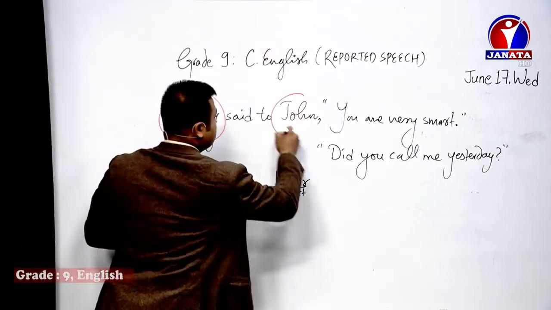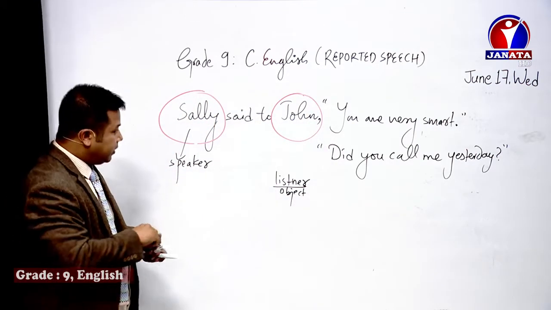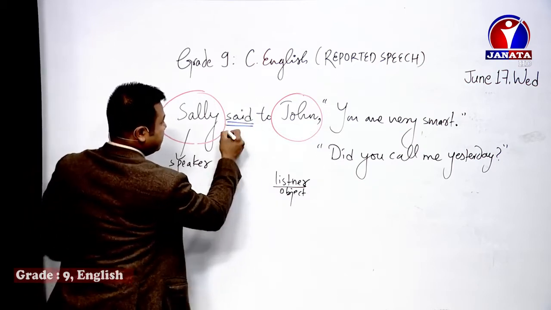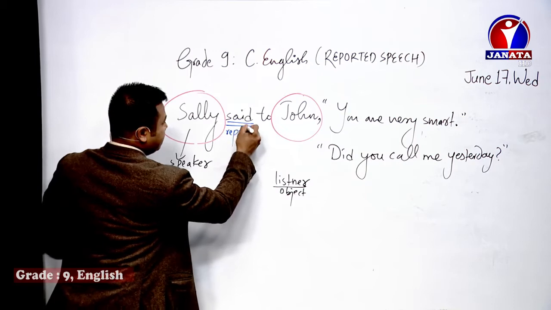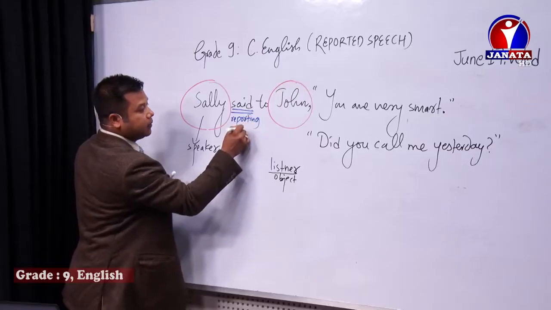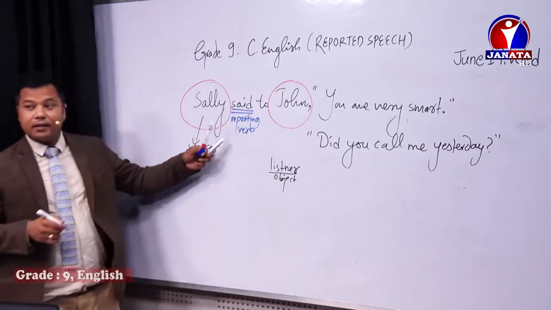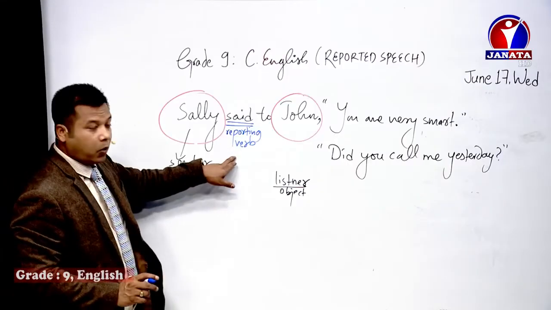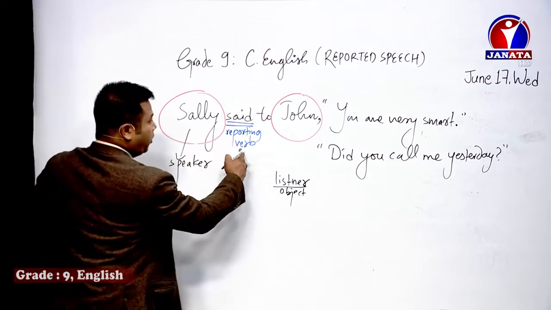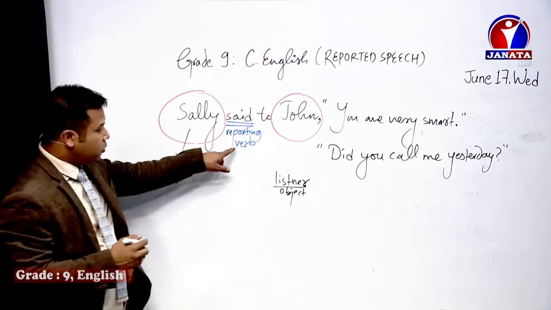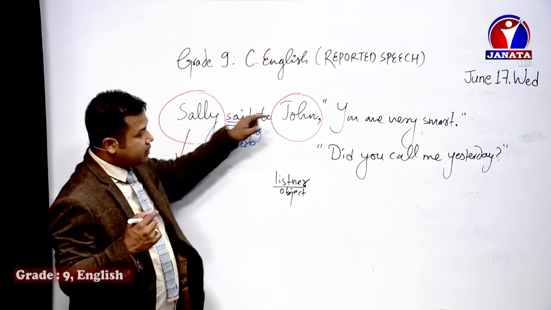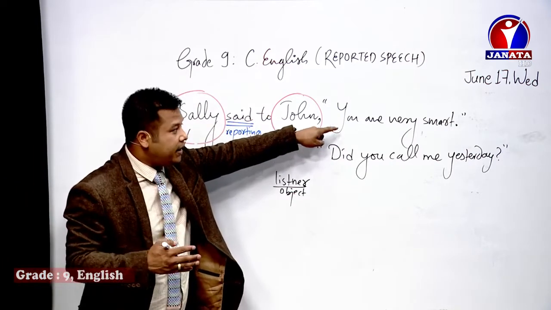Now, what is said? Said is the reporting verb. Reporting verb is used by the speaker, and the speech is communicated.